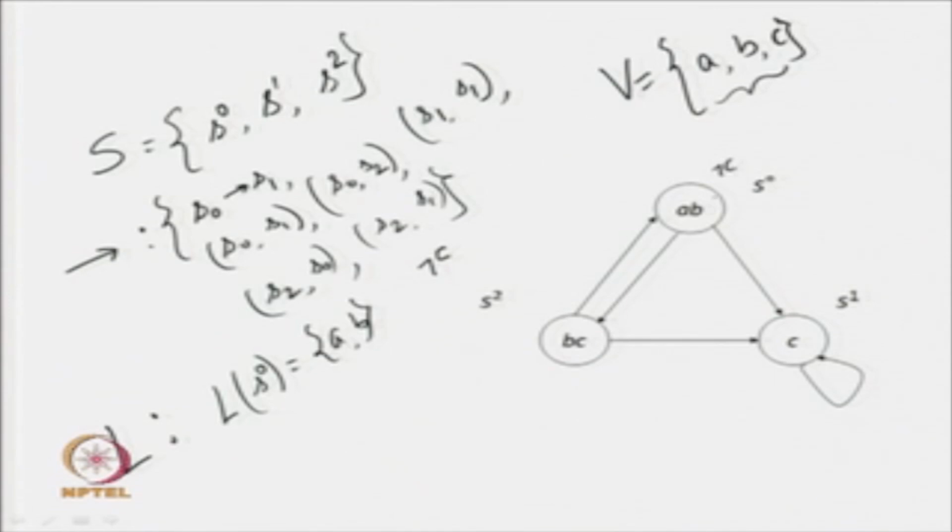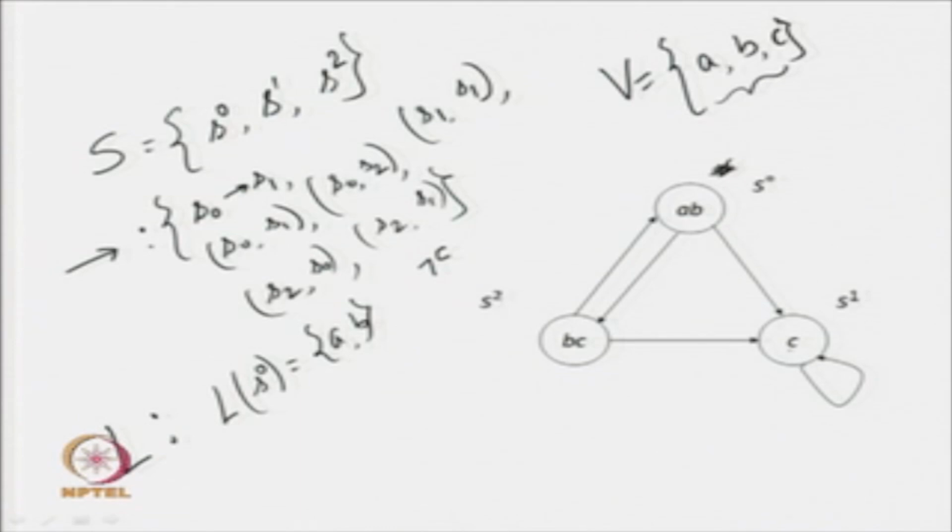But in convention, if a state is not labeled with an atomic proposition, we say that this atomic proposition is false in that particular state. Similarly, state S2 is marked with B and C. That means the atomic propositions B and C are true in S2, but atomic proposition A is false over here.